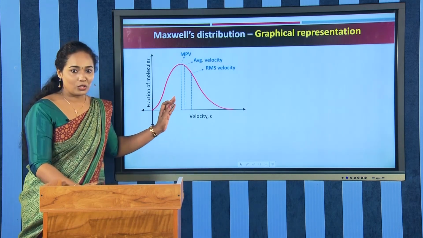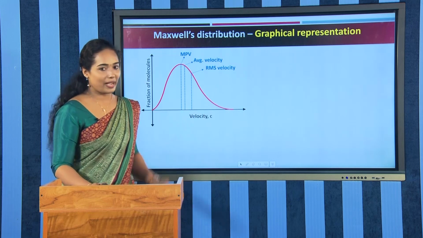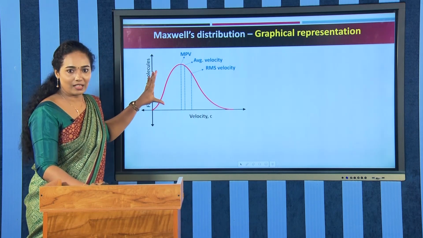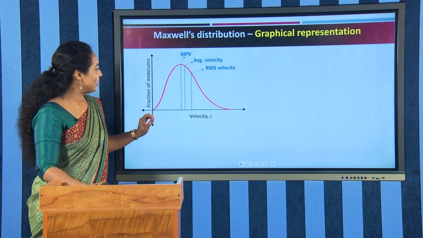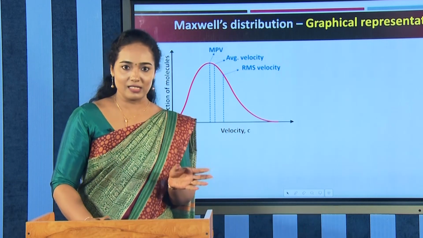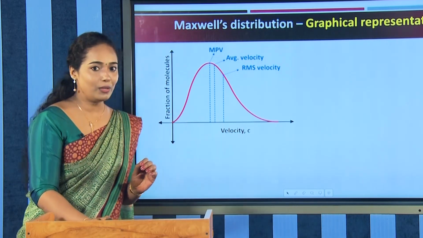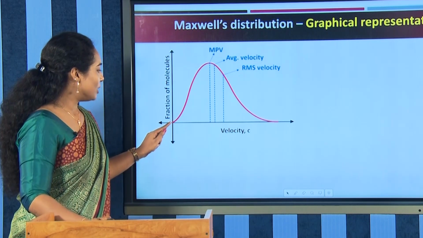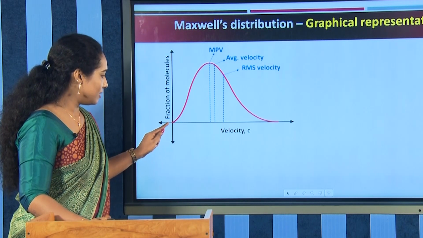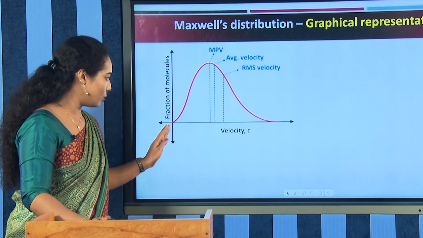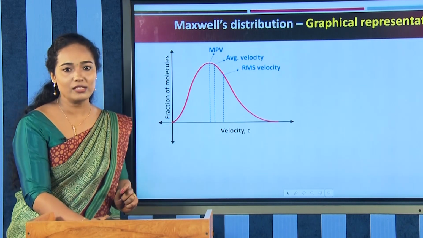Now, we shall look at the graphical representation of Maxwell's distribution. Actually, I have shown you this graph previously, and the most important features of this graph, as I discussed earlier, is that the probability of a molecule being motionless is almost 0. That is, we could see that from the origin itself the graph is starting. That means that at velocity v or c equal to 0, the fraction of molecules is 0.